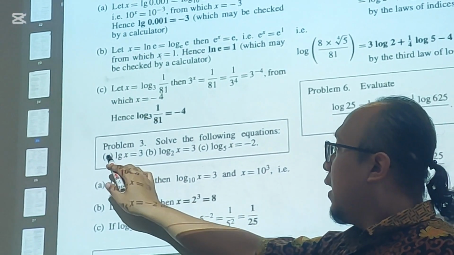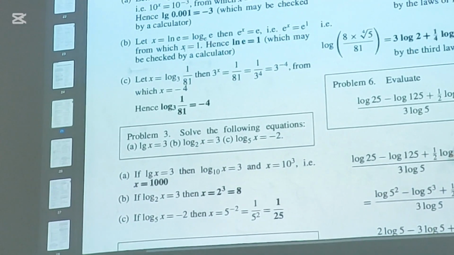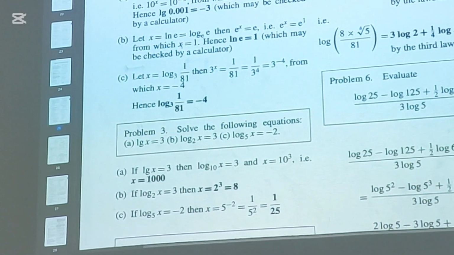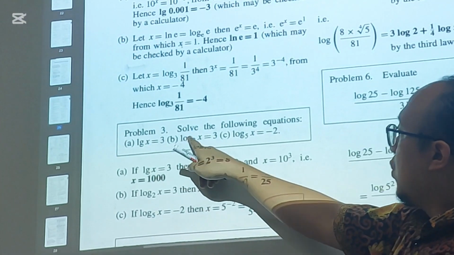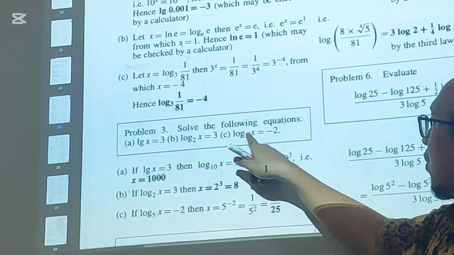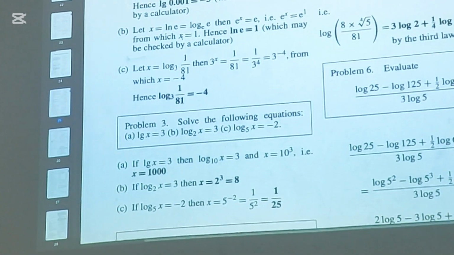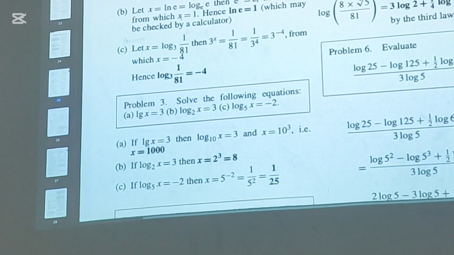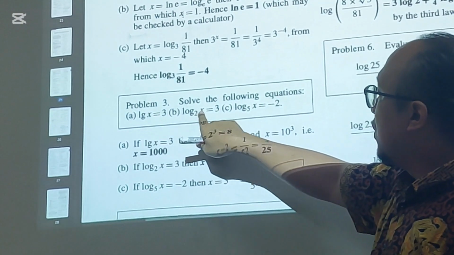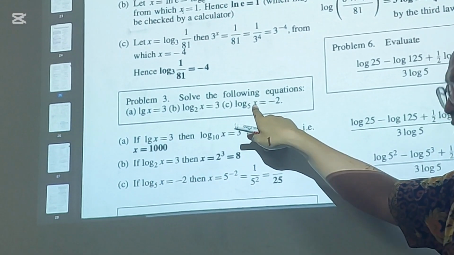A, log x equal to 3, and then B, 2 log x equal to 3, then C, 5 log x equal to minus 2. You have to find how much the value of x is.